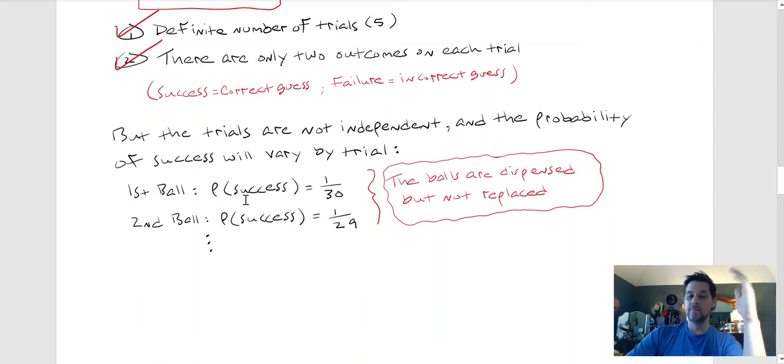Then you note success or failure. Then that ball is not replaced. Before the second ball comes out, you make your next guess, and there are only 29 in there now, so you have a 1 in 29 chance. Because you're not replacing the balls, the trials aren't independent, and the probability of success is not fixed.